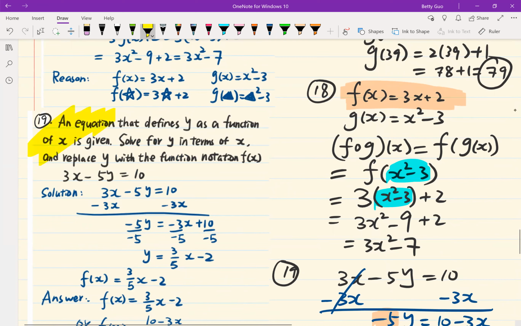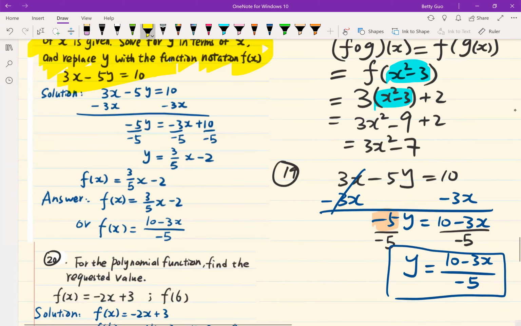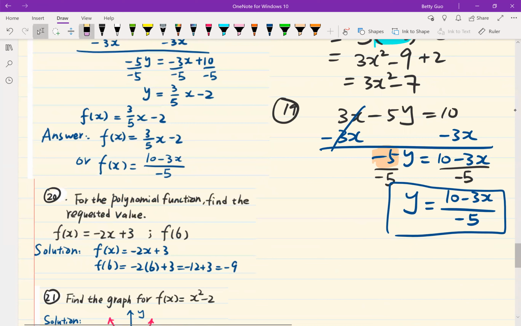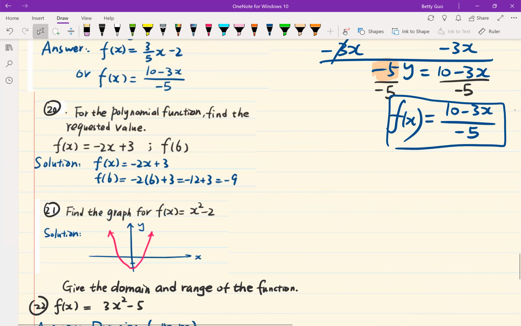The instruction actually tells you what to do. What do you do with this equation? And the last step by the instruction, we replace y with f of x. So your final answer is supposed to be f of x equals 10 minus 3x all over negative 5. Number 20.